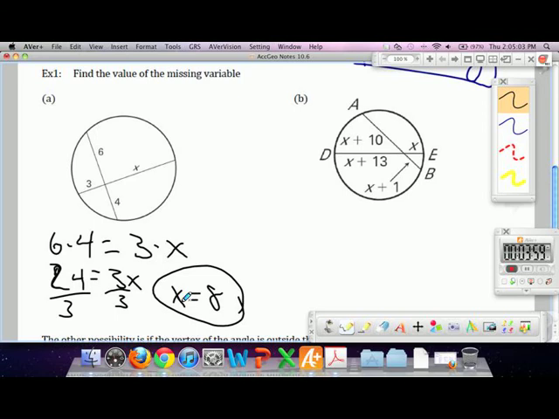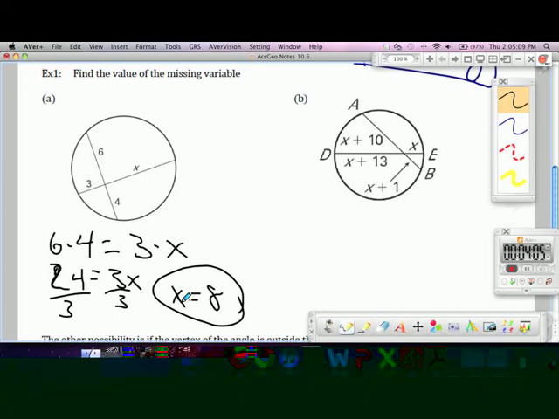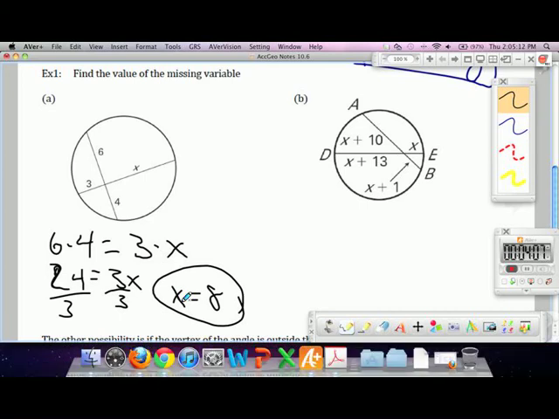X better be of length 8. Or this segment better be 8. And hopefully, if this picture is drawn even close to scale, that actually looks about right. X looks clearly just a little bit bigger than 6 and clearly bigger than either 3 or 4.